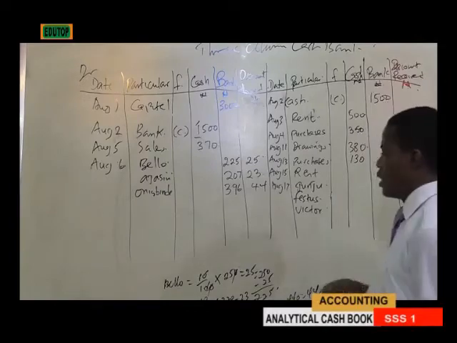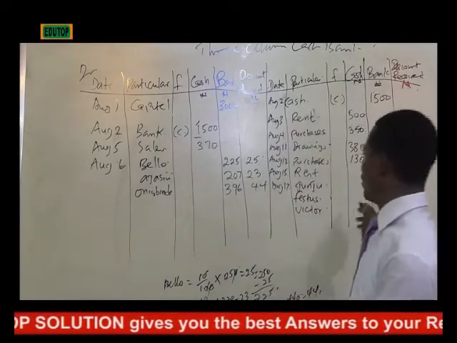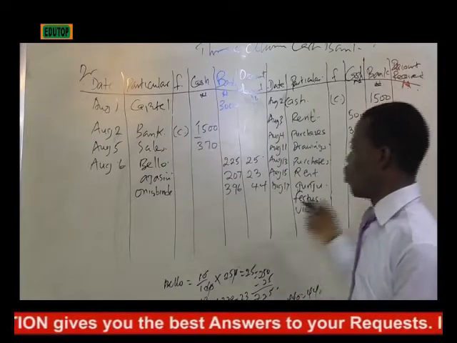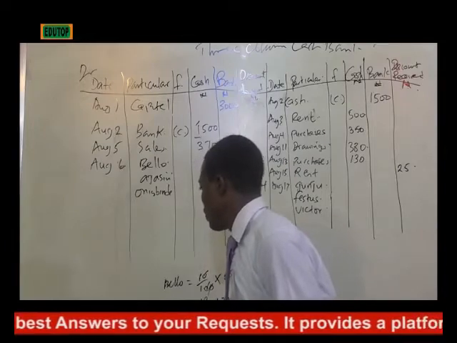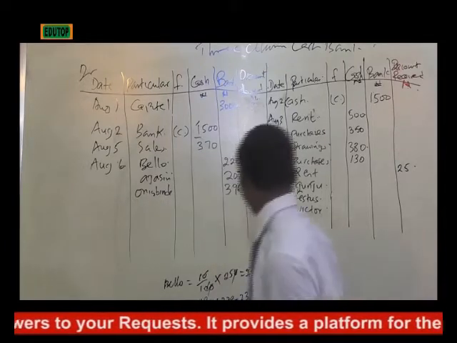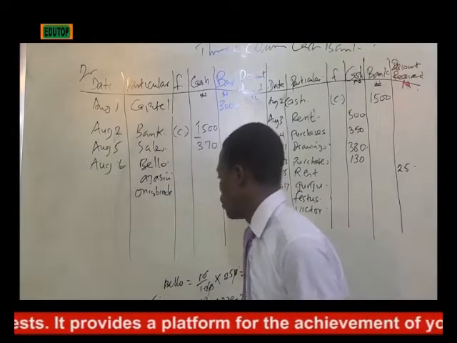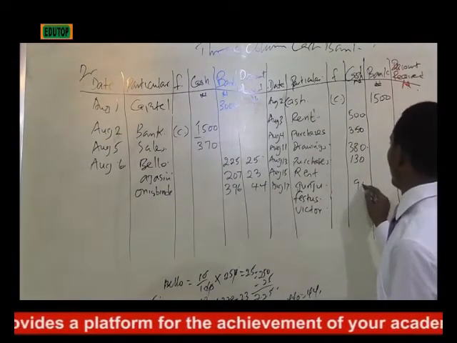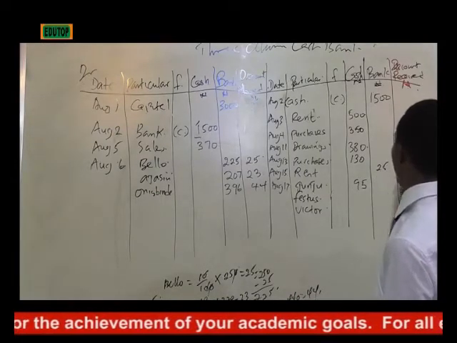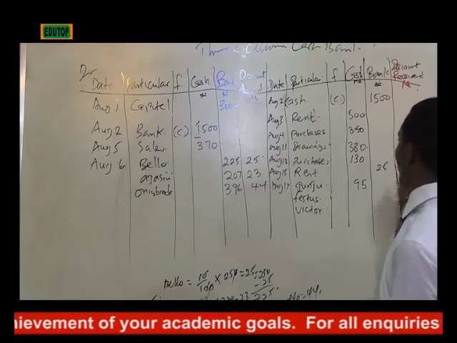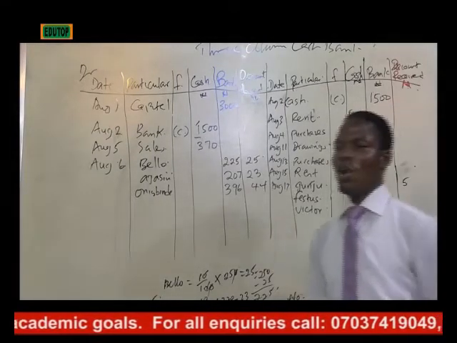Why? Because discount has been given. So instead of us paying 100 naira, 5% discount of 100 is 5 naira. So we pay 95, and we are given the discount of 5 naira. That is that for Gunju.